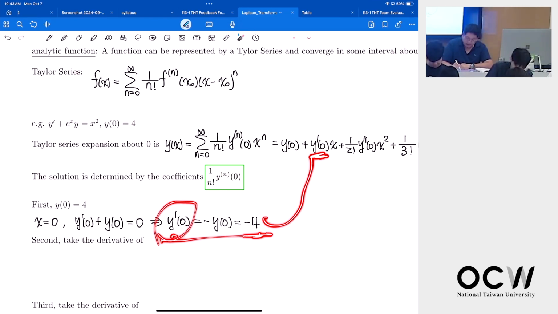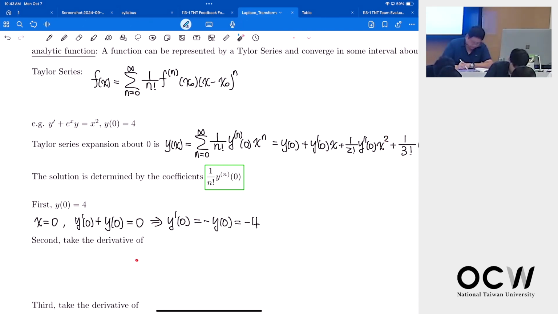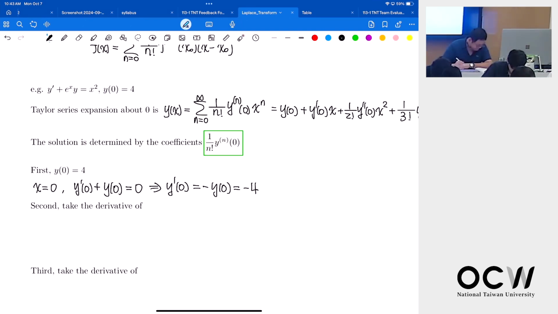And then next we need to find y double prime of 0. To find y double prime of 0, we need to take the derivative of the original differential equation.